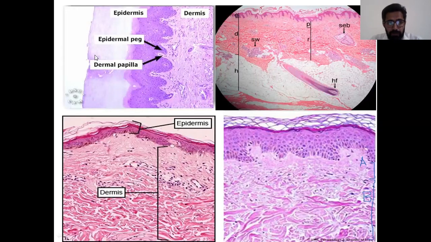If we talk about the first one, it has a very thick epidermal part, which could be a clue that this micrograph was actually taken from a part of the body which is covered by thick skin.